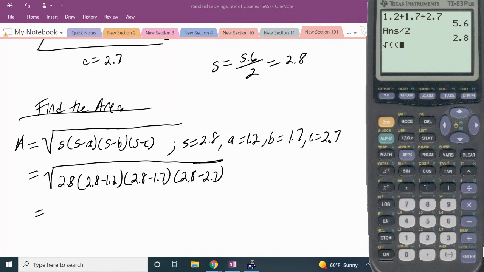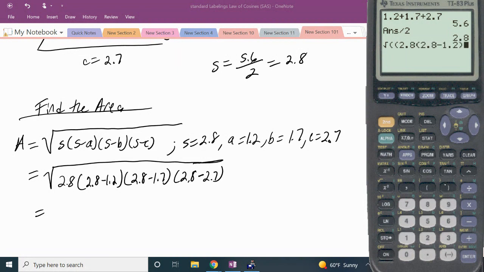All right, you must always have an even set of parentheses. I'm going to put in 2.8 times 2.8 minus 1.2.